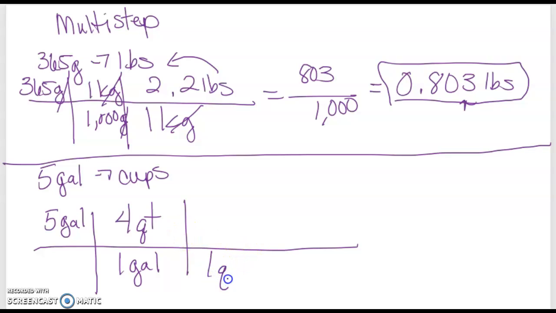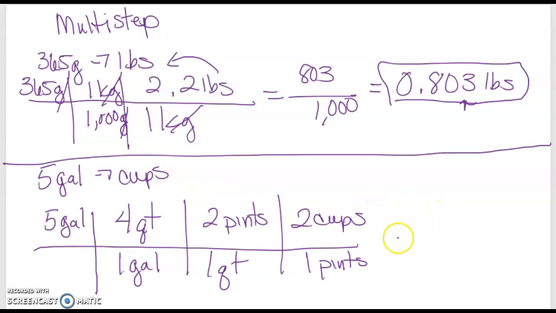Okay, then you go from quarts to pints. Now you can go from pints to cups, which is what you are looking for. Once you have all that, multiply everything across here and get your answer, which is 80. Multiply everything across here, we'll end up with 1. And your answer is 80 cups. Okay? This is 2 steps, this is 3 steps.